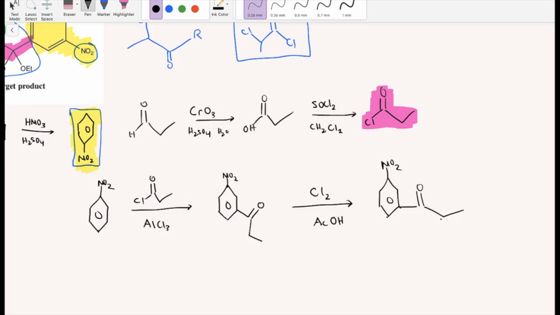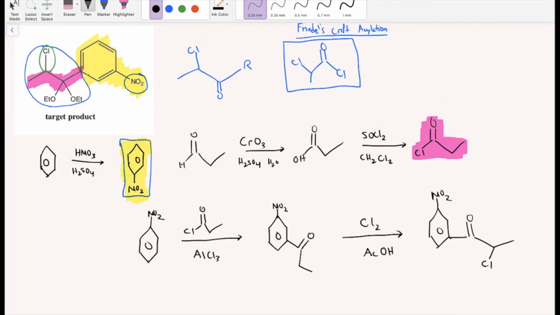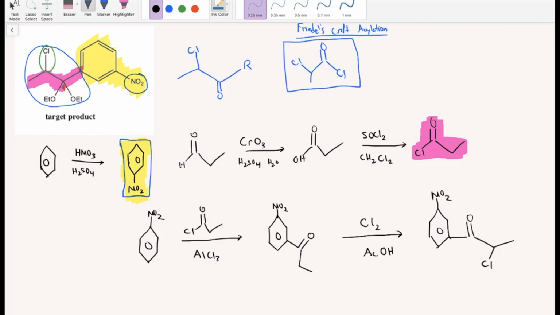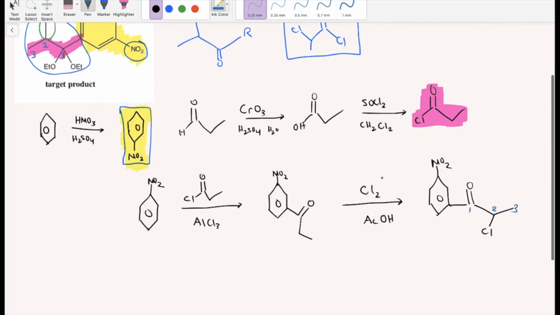So we have this group right here. This is the alpha carbon. That's where we add the Cl. And that's looking perfect. We're basically done. I'll go ahead and number the carbons just so it's easier to see. Let's go with a blue maybe. We have the number 1 carbon, number 2 carbon, number 3 carbon, just so we're on track. 1, 2, and 3. And that chlorine is attached to the 2 carbon, so far so good, okay?